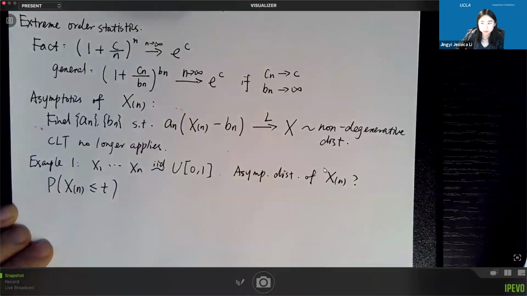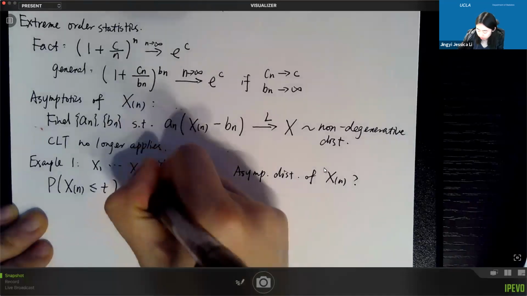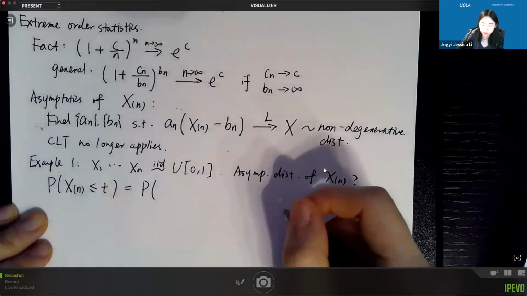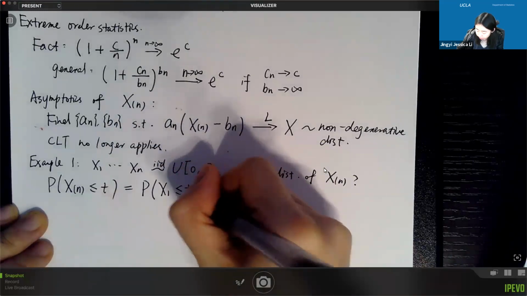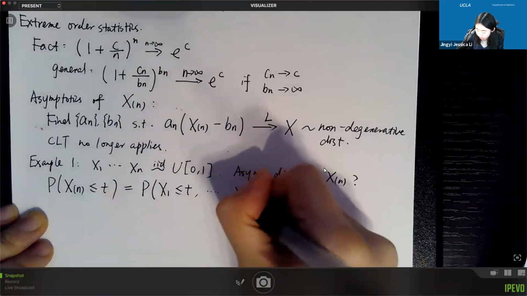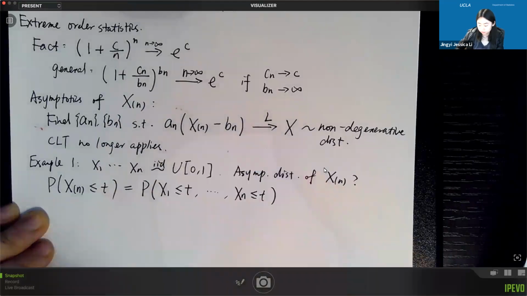If we have the maximum less or equal than t, that's the definition of CDF, right? The probability of that implies all the Xi's are less or equal than t. So this is equal to the joint probability that X1 is less or equal than t, to Xn less or equal than t.